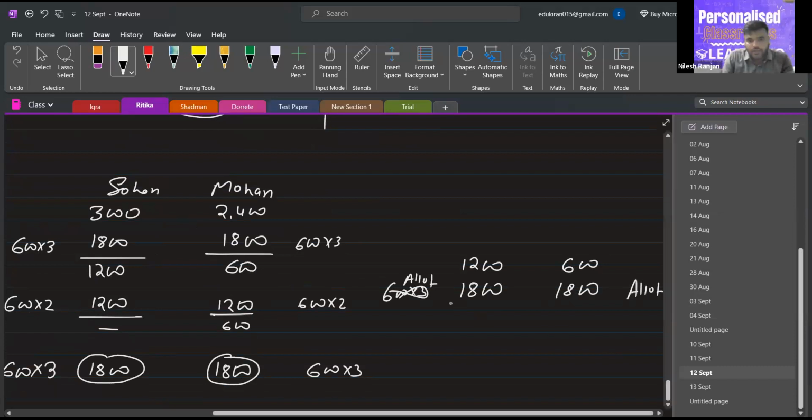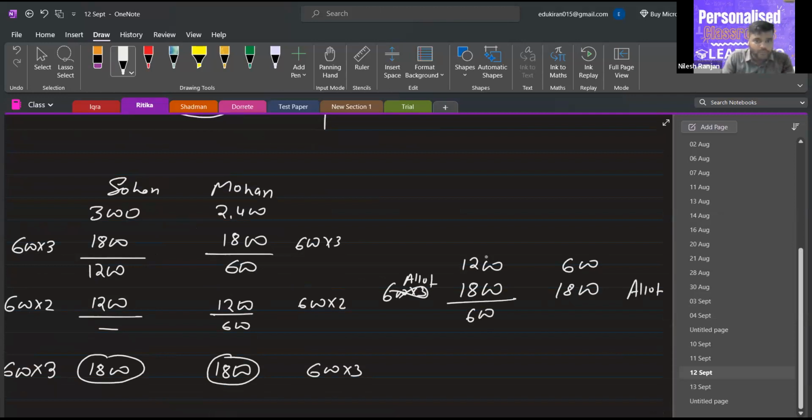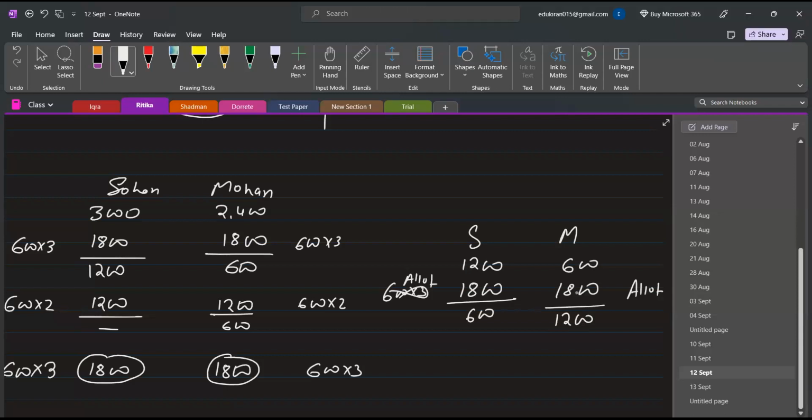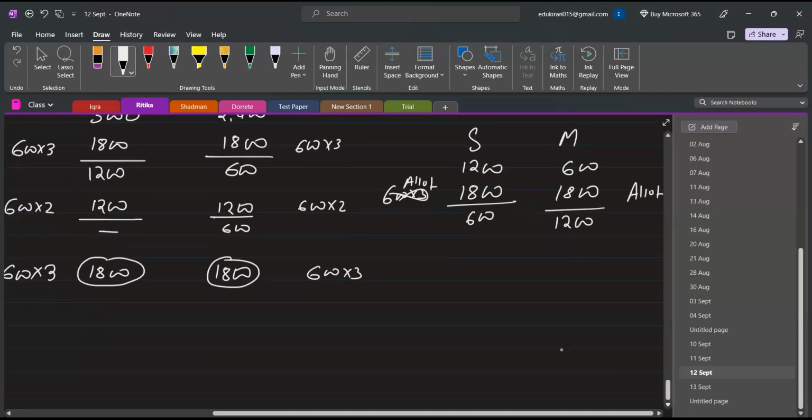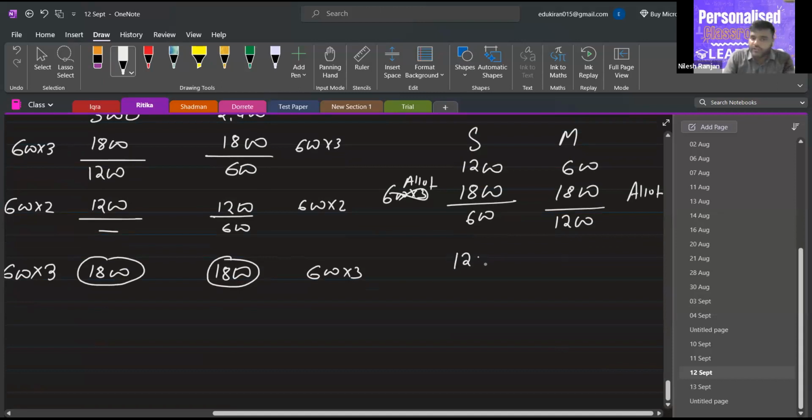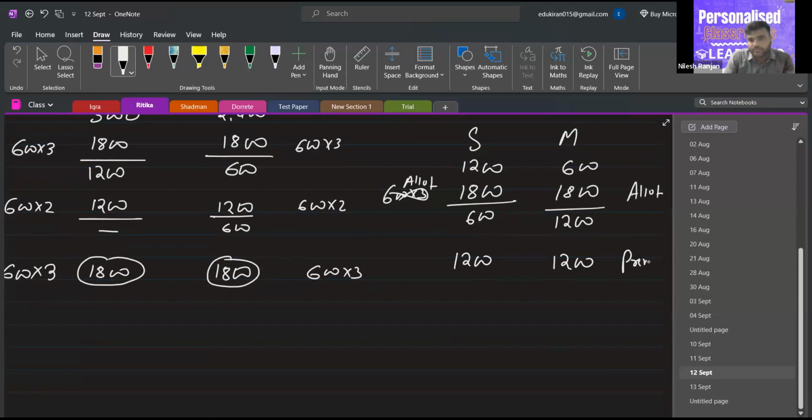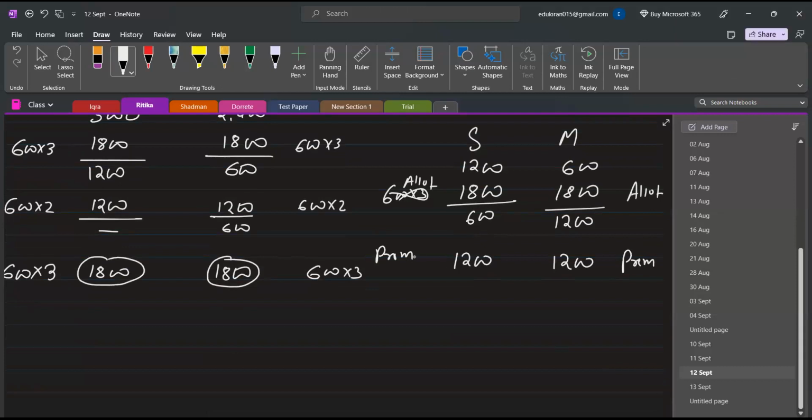Now 600 is the balance in allotment money for Sohan, and 1200 is the balance in allotment money for Mohan. And how much is the premium amount? 1200 for Sohan, 1200 for Mohan, 600 into 2, 600 into 2.